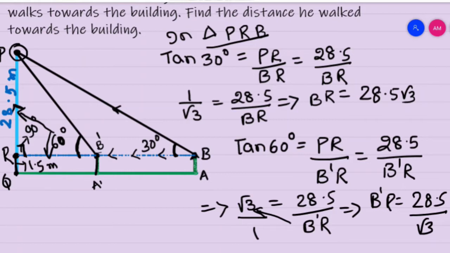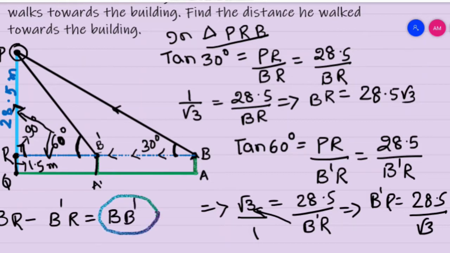See, BR minus B dash R will be equal to B dash B, and you have to find B dash B. This is what you need to find. And children, you know BR because you have taken out BR, and you know B dash R. So simply subtract B dash R from BR.